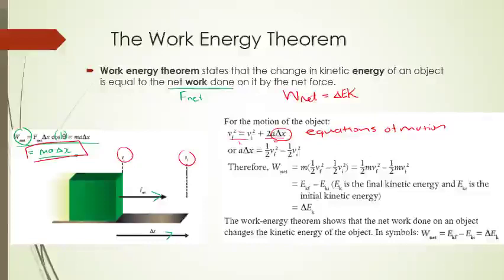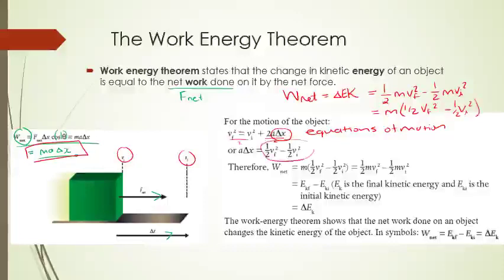Now that makes me think of my kinetic energy theorem, because my kinetic energy theorem ends up being half mv squared minus half mv squared. This is your final, that is your initial. And if I take m out of that, I end up getting a half v final squared minus a half v initial squared.